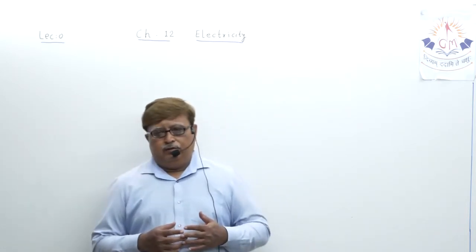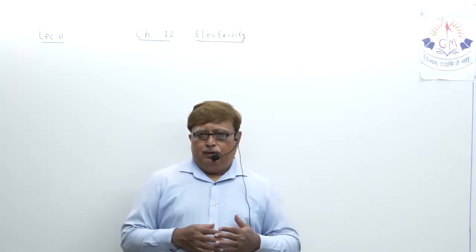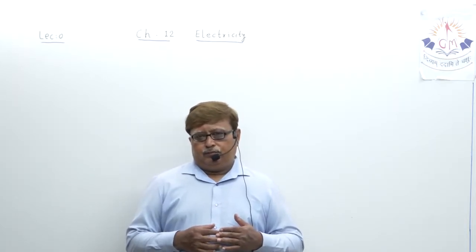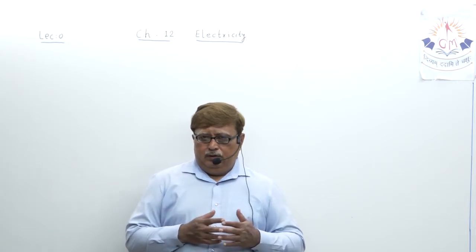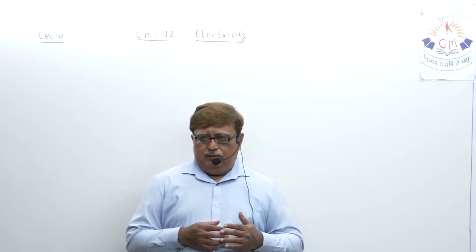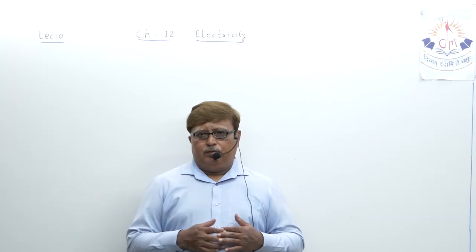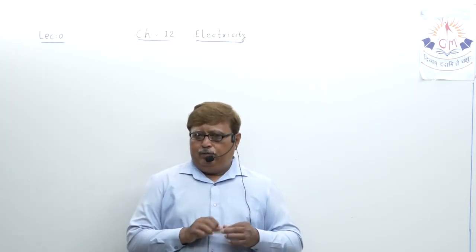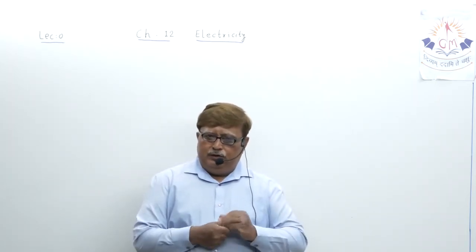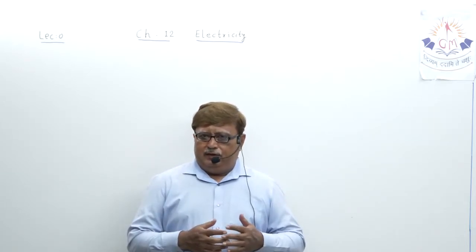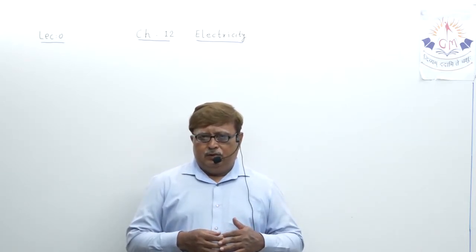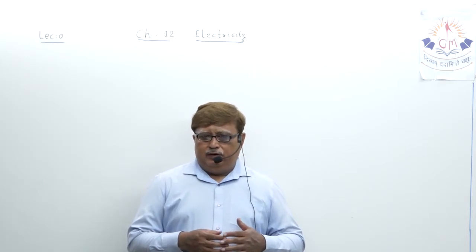Actually, my dear student, if we move as per textbook, we have discussed two topics, as you know, 12.1 and 12.2. In the textbook they have taken 12.3, that is circuit diagram, 12.4, that is Ohm's law.